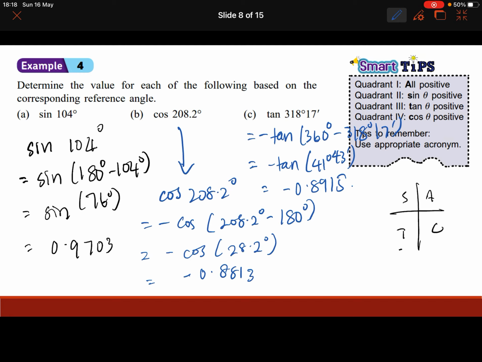Okay. So that's the value for A, B and C.